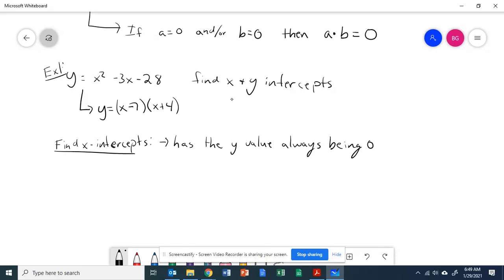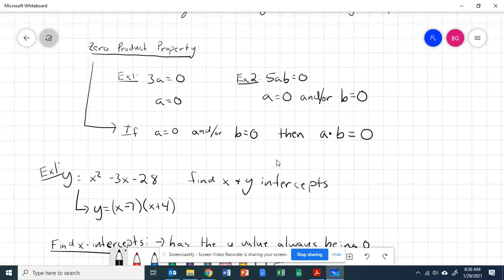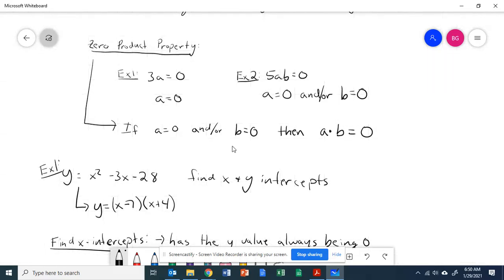So let's go ahead and take this equation that I already have factored, and let's set it equal to 0. My y is going to get replaced with 0. So we're going to have 0 equals x minus 7 times x plus 4. Now, looking back up here, this is very similar to the zero product property. It's like a times b equals 0.